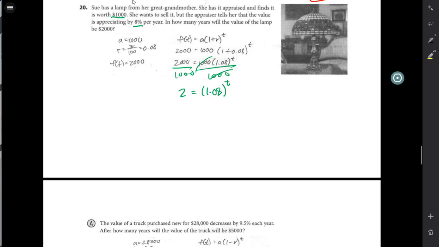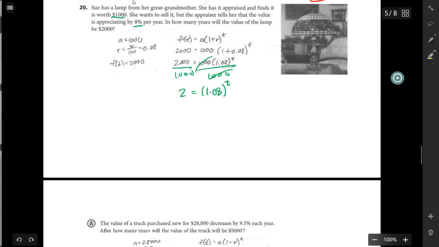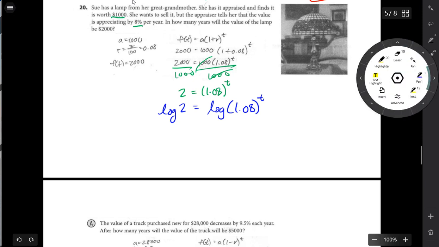Now in order to solve this, the method that I showed you besides that other way, we could take the common logarithm. In this case, we have log of 2 equals log of 1.08 raised to the power of t. Now we can take this exponent and drop it down.